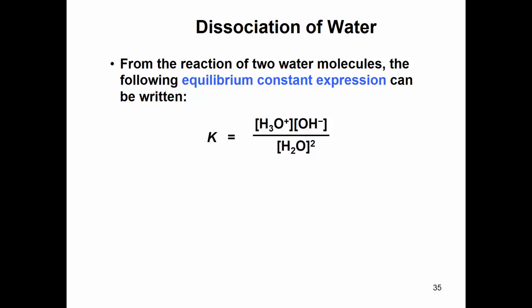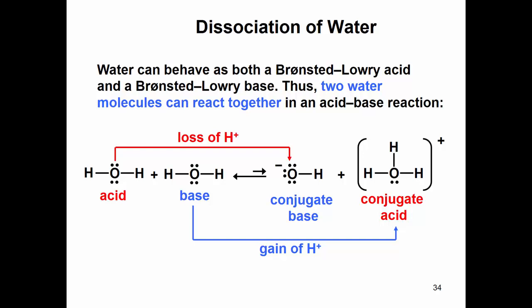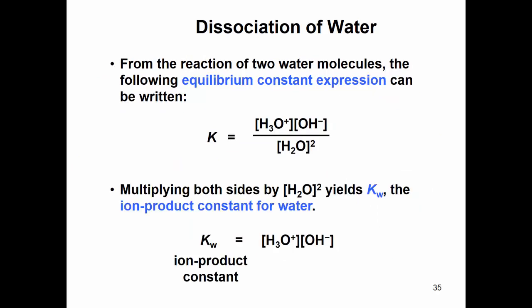So if we look at what we've been doing with equilibrium, we take product concentrations divided by reactant concentrations. Well, since your reactants, if you look here, are water, if we multiply both sides by water squared, then this yields what's called Kw. So basically it cancels out, and we eliminate our water there.